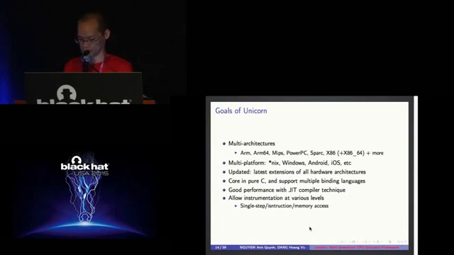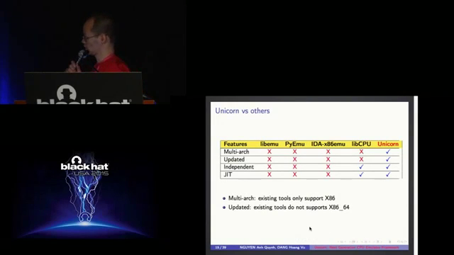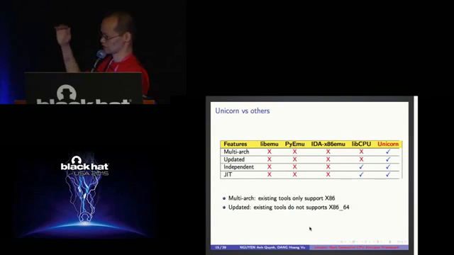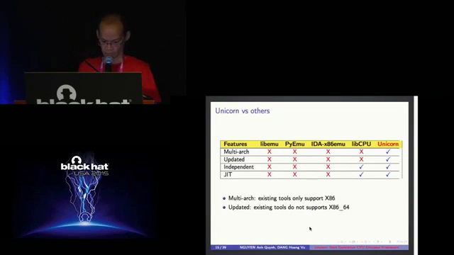It should have good performance using JIT compiler techniques. It allows instrumentation at various levels. Okay, so if we do that, we realize our dream of having a very good emulator that checks all those things that we think are important: multiple architectures, updated, independent, and fast.